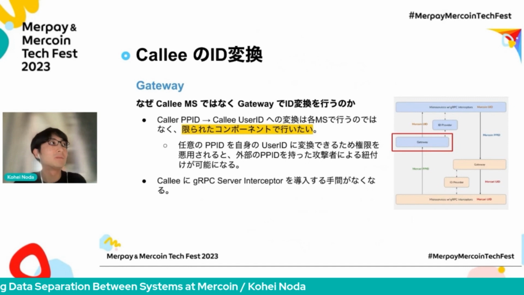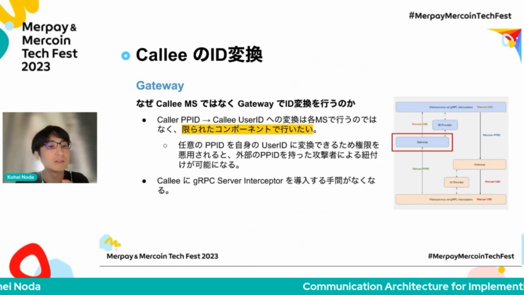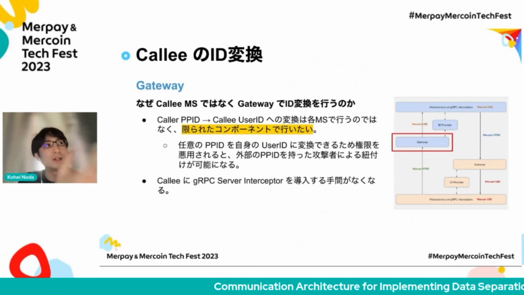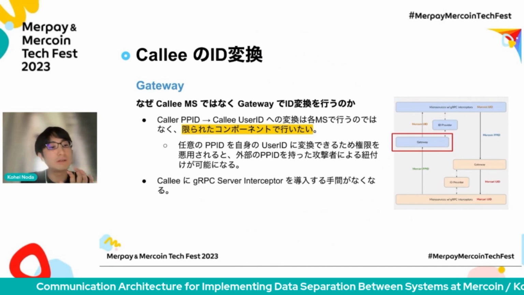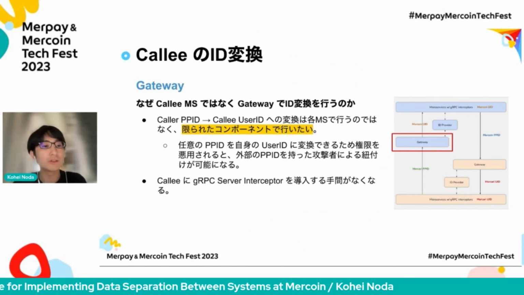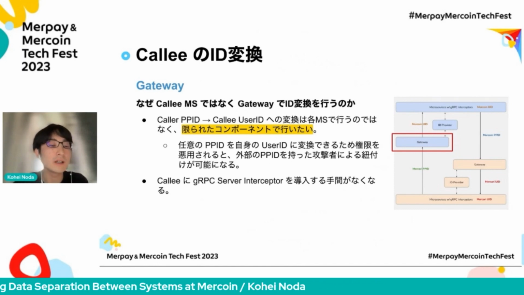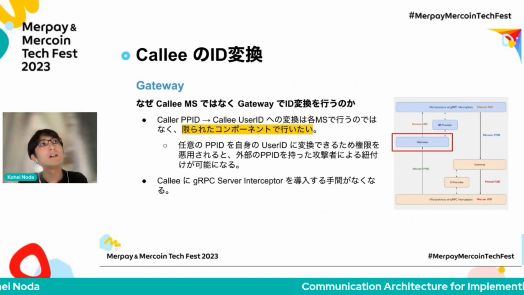So this time it's the Mercoin and Mercari system, but possibly other systems. And if recipient microservices received an arbitrary ID and performed ID conversion, it would require high privileges, because data on both sides can be associated.